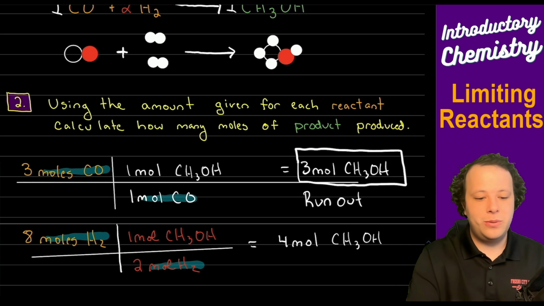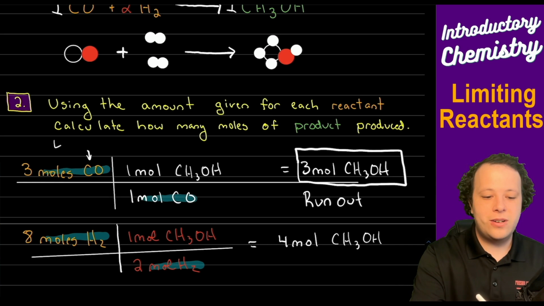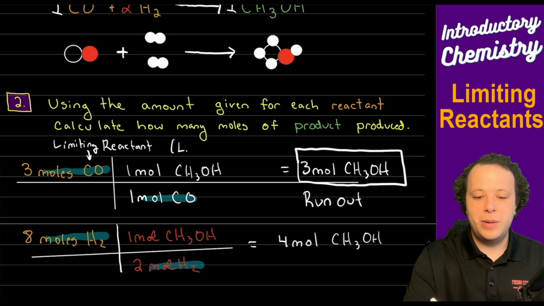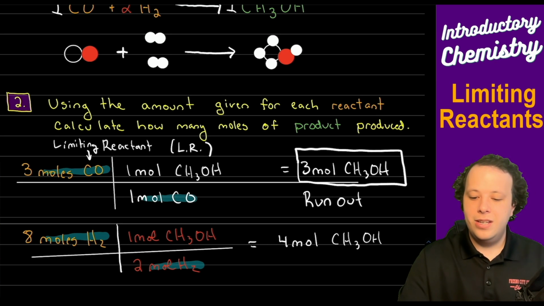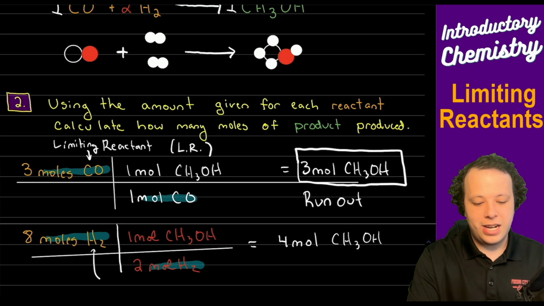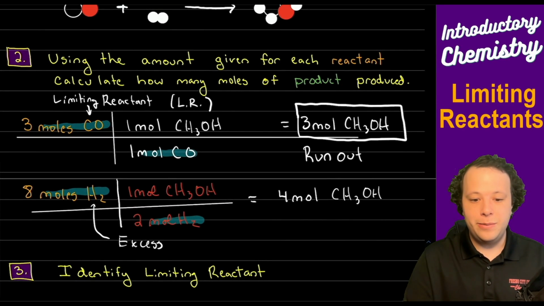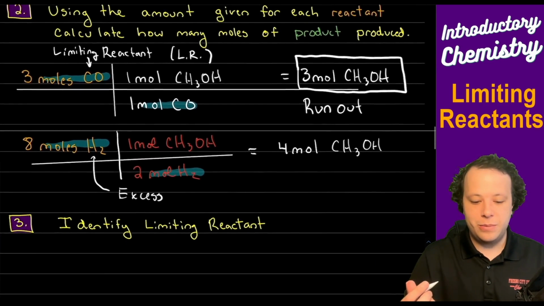As a result, CO is our limiting reactant or our limiting reagent, which might be abbreviated as LR. What is happening here is hydrogen is going to be in excess. So your last step here is identifying the limiting reactant. Why is that important?